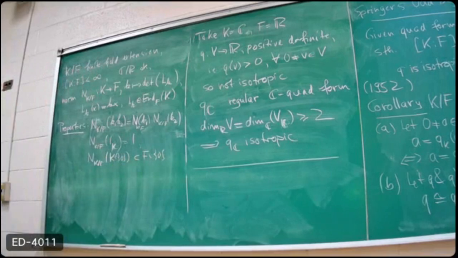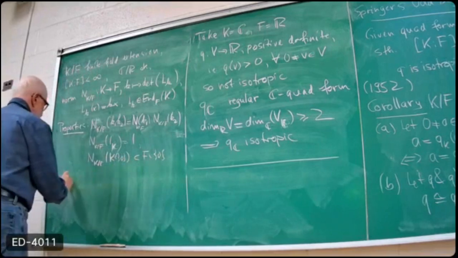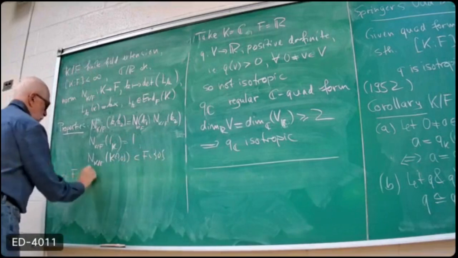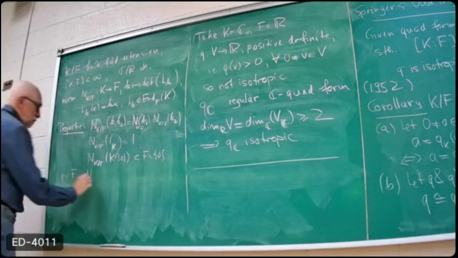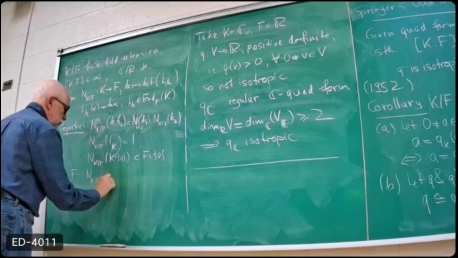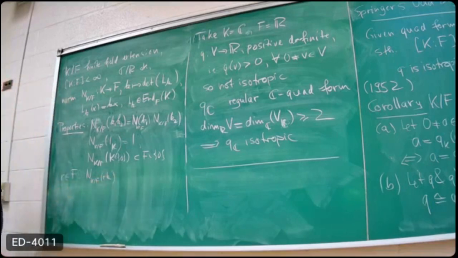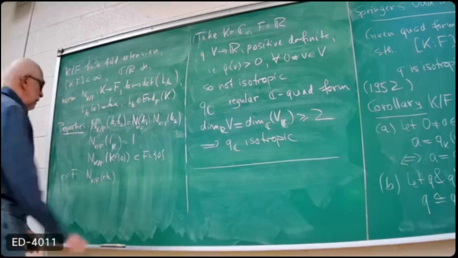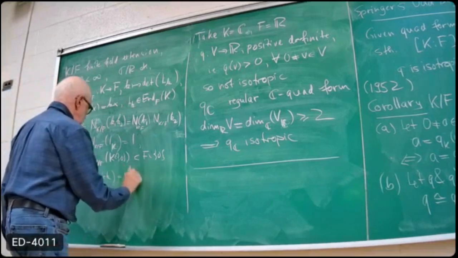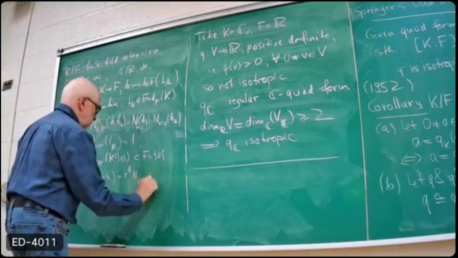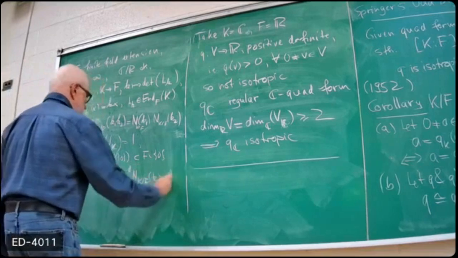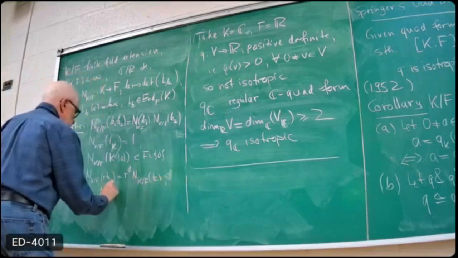Now, if you have an R in F, then you can multiply the vector A by R. And then this goes out as R to the D, where D is just the degree of the extension.